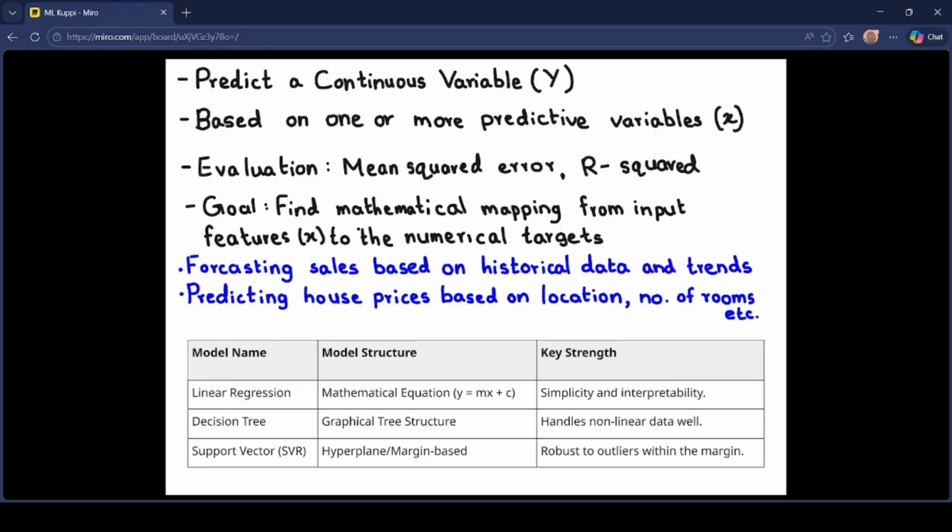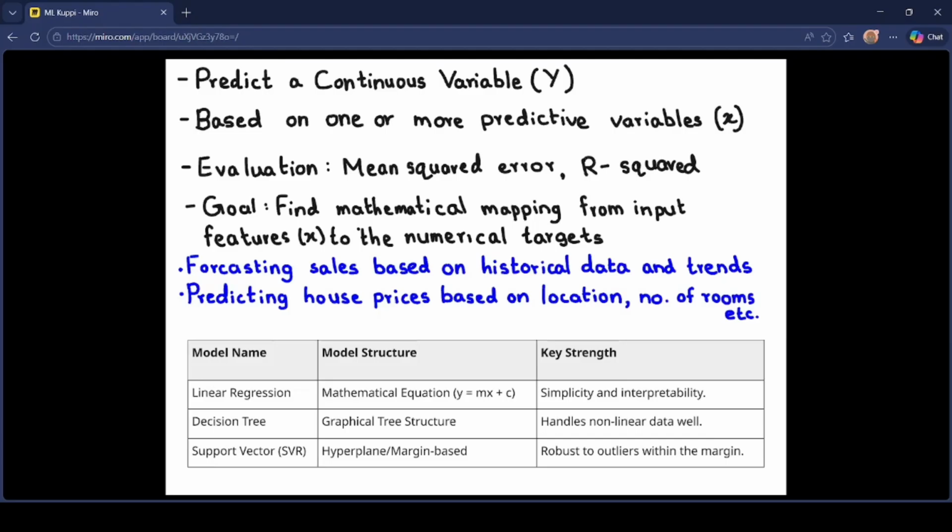For evaluation of regression, there are a few evaluation metrics, where mean squared error and R squared are two of the prominent ones. The goal of regression is to find a mathematical mapping from the input features to the numerical target. So basically forecasting sales or predicting house prices based on different features falls under regression.